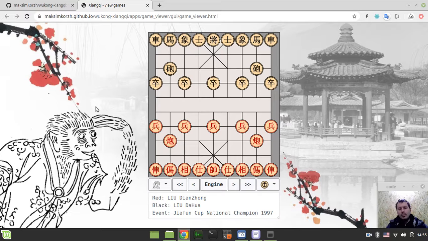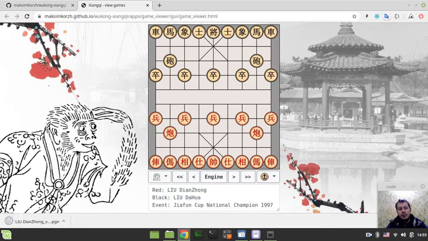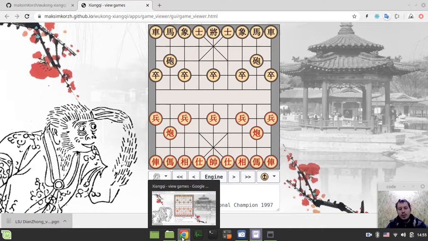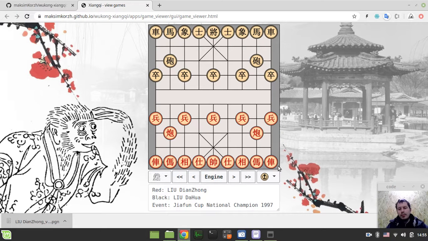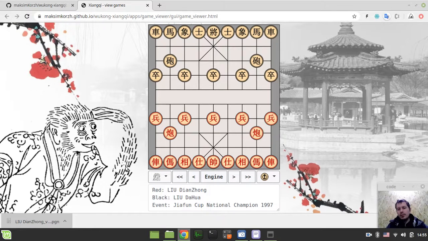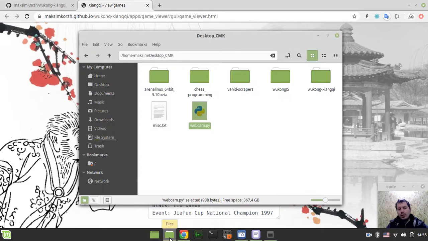If I just click download PGN, so you see, this is the move notation. By the way, downloading the PGN of the bundled games is also available, even though it's not necessarily needed, because you can download this in bulk in a much easier way.